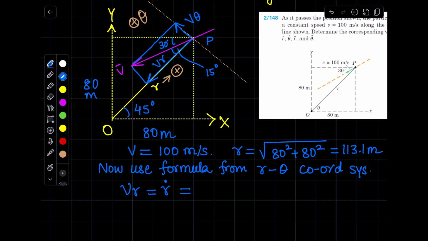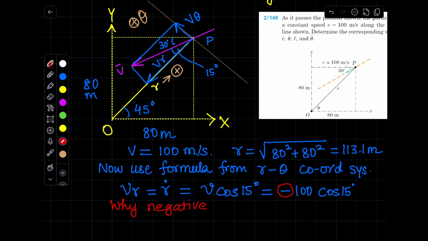So you have to rewrite the formula: Vr, the vector component in the r direction, is r dot. Now go back to the vector diagram, and you can see that the Vr component can be written as V cos 15. So I will just put the values here. V is equal to minus 100 cos 15.